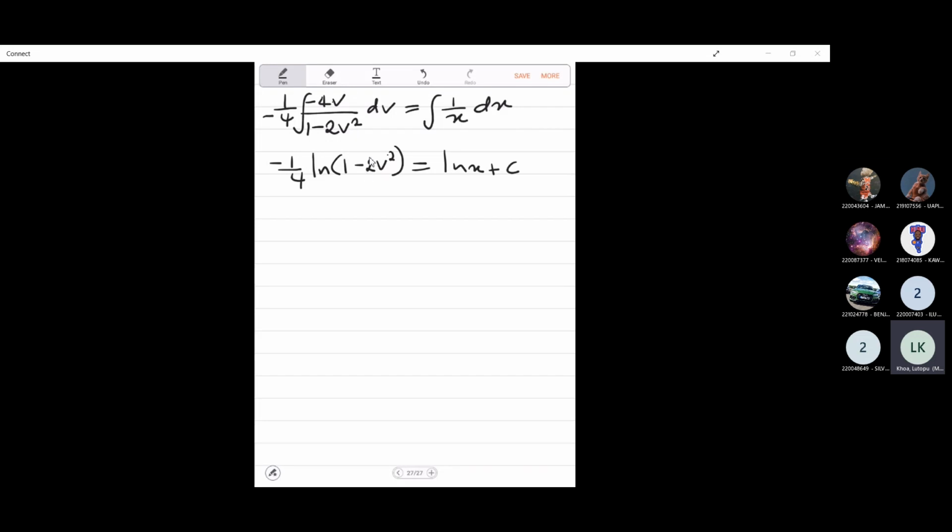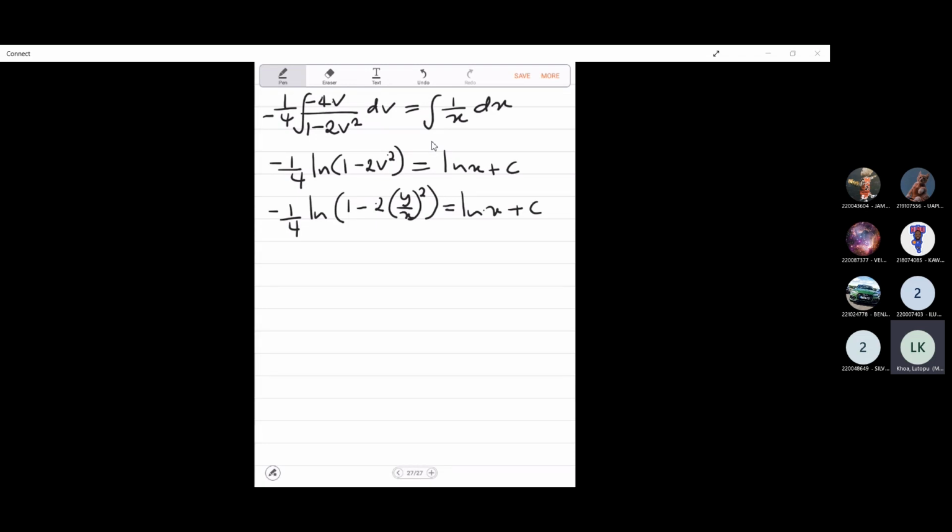So the only thing is now this v to rewrite it in terms of y. So we have minus 1 over 4 ln of 1 minus 2 y over x squared is equal to ln of x plus c.